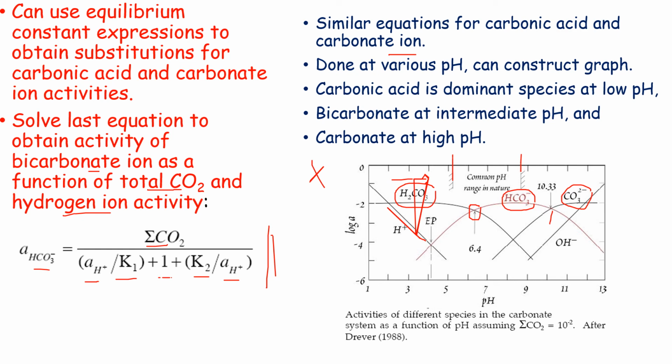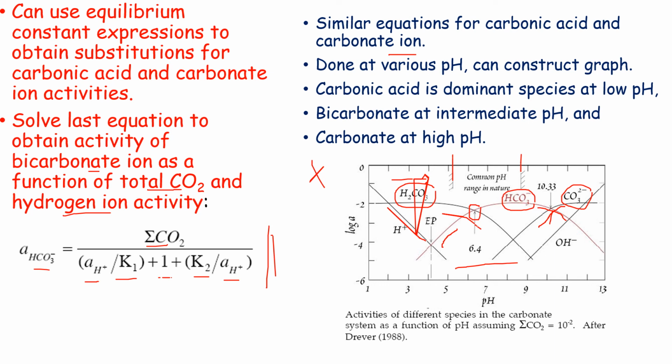So as you move from pH 1 all the way up to pH 9, there is a decrease in the carbonic acid activity with a concomitant increase in the bicarbonate ion activity. At a much higher pH, after pH 9, there is a decrease in the bicarbonate ion activity and definitely an increase in the carbonate ion activity.